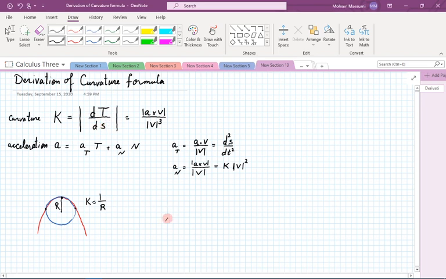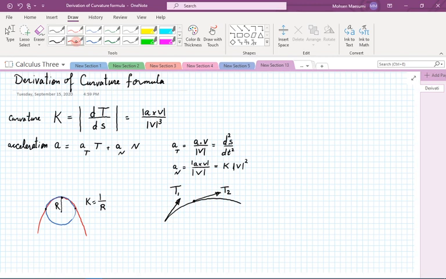Suppose we have a curve, and then we look at the unit tangent vector to this curve. The unit tangent vector, we had called it T. So at the beginning, let's say this is T1. We go a little bit further down this curve, and then I have another unit tangent. Let's call this T2.